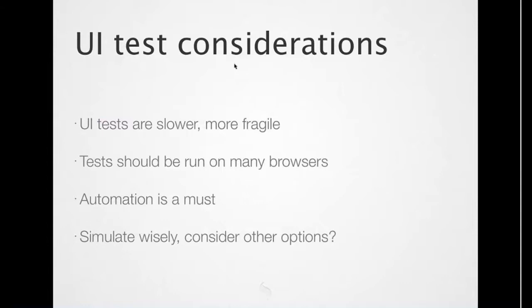You definitely have to do IE, a few versions of IE as well. And since your time doesn't really scale, you absolutely need automation too. So you have to have some type of CI process that runs these tests either nightly or maybe on every commit and so on. And also, simulation is not the only option, you can also consider other options when writing your UI tests.